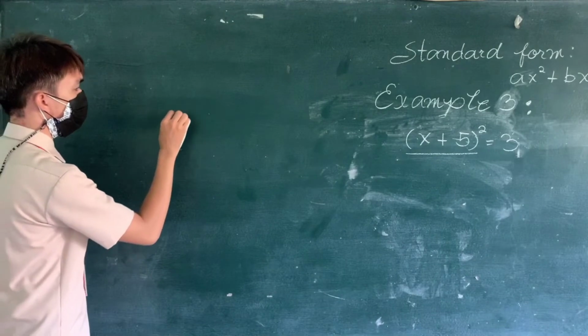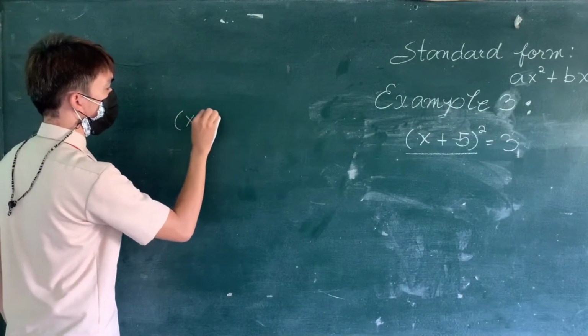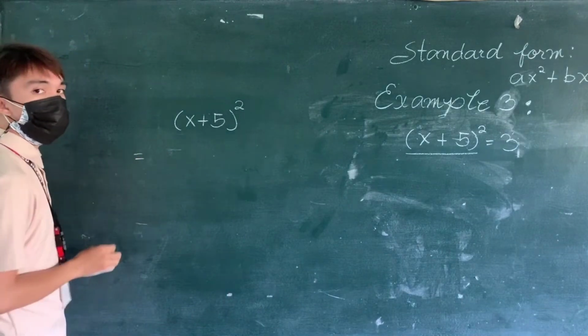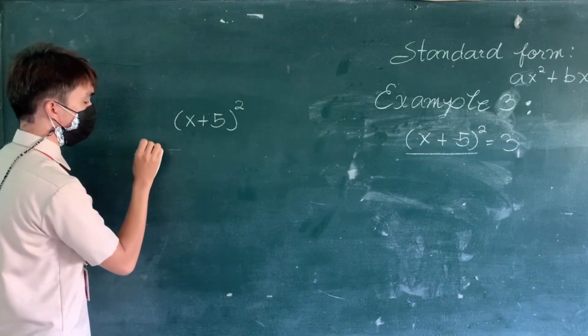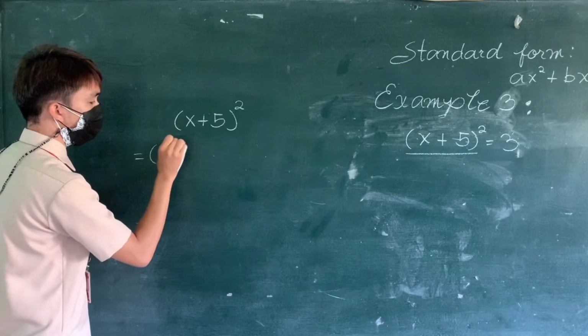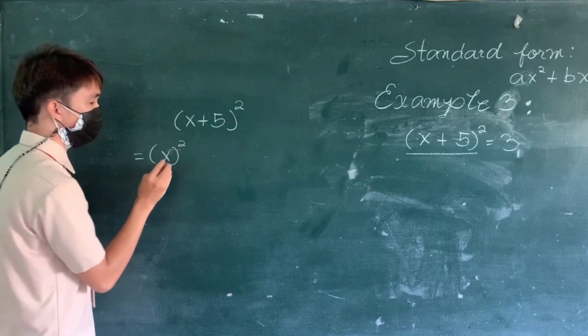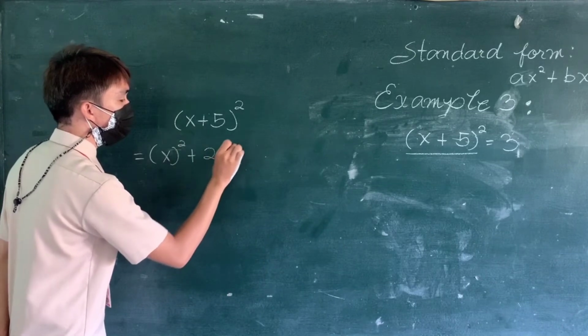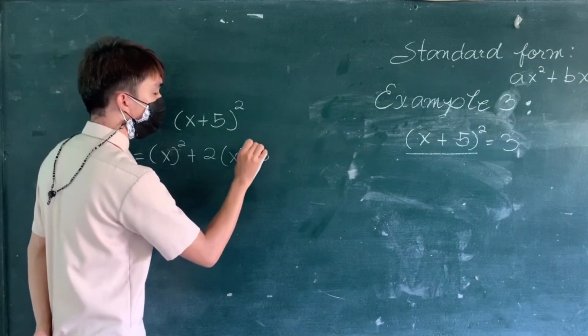Now let's do this. We have here the quantity of x plus 5 squared. Square the first term. The first term is x. So x squared. Multiply itself. Plus twice the product of the first and the second term.